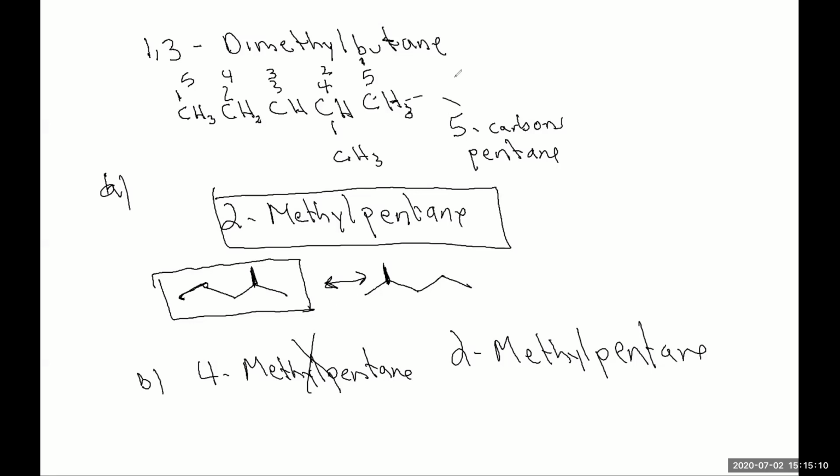So let's do another one. All right, so now we have 2,2-diethylbutane. An ethyl substituent has this structure here.